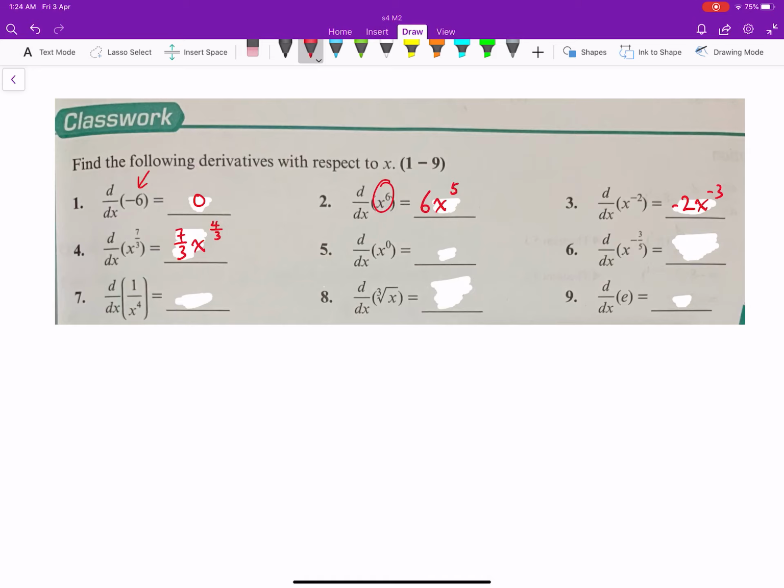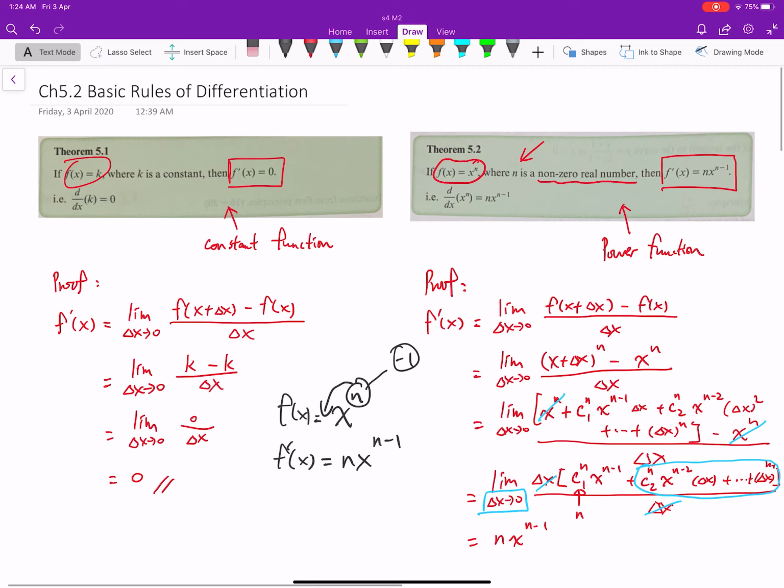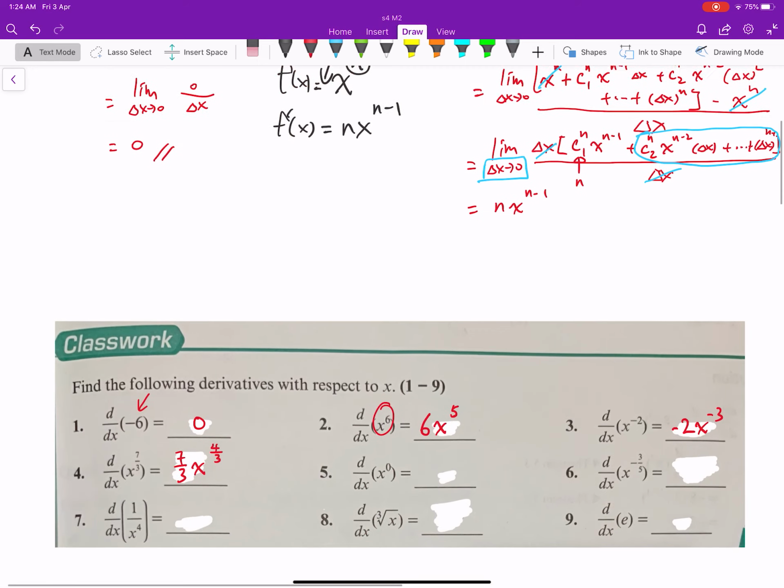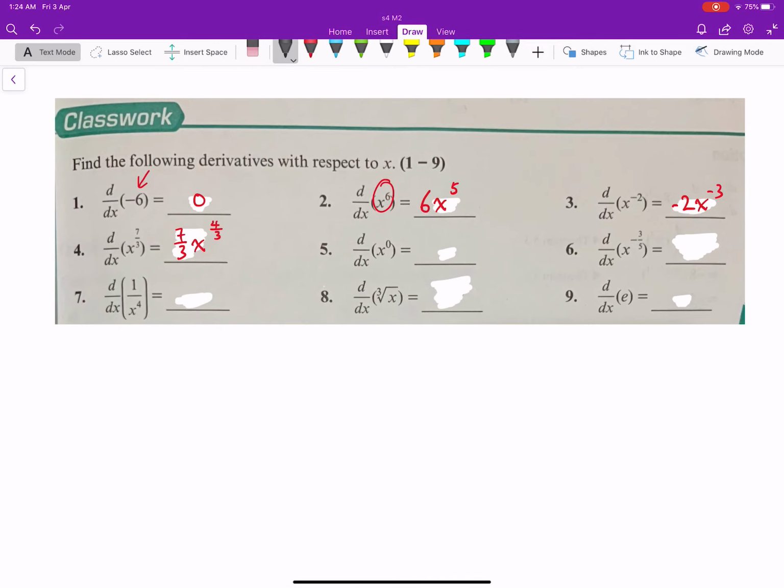For x to the power 0, if you remember, we must have non-zero real numbers for the index. So how do we do it? Don't worry, x to the power 0 is actually 1, right? So it's the same as differentiating the number 1, and so you will get 0. For question 6, negative 3 over 5, and then negative 3 over 5 minus 1, so you get negative 8 over 5 here.